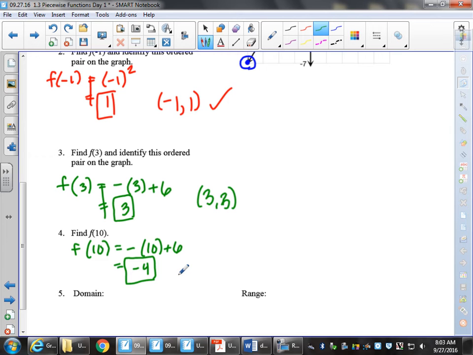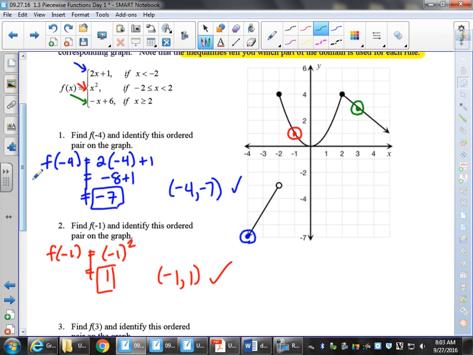Domain and range of this one is going to be awesome. Let's go look. Okay, so remember that we do have an arrow here. I know we made that point clear on the graph, but this is an arrow. So just look first for domain. Let your eye go from the left and make its way over. What might be an issue? Where might we have a hole? Negative 2.